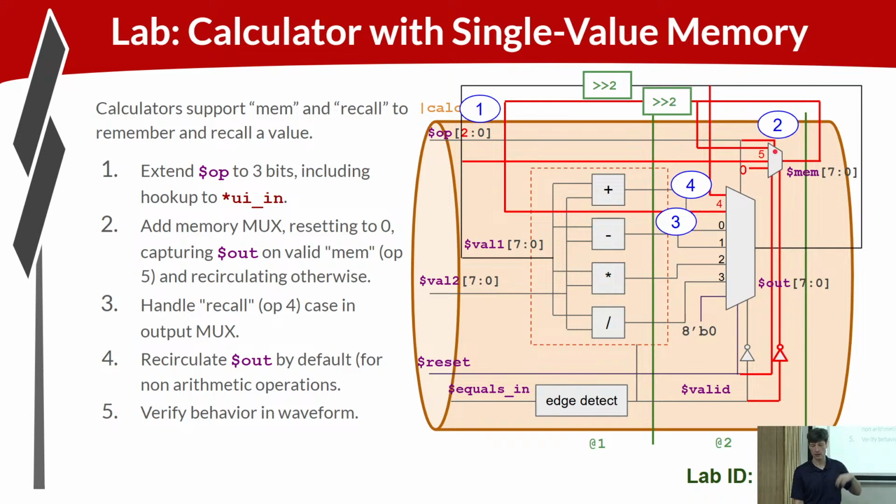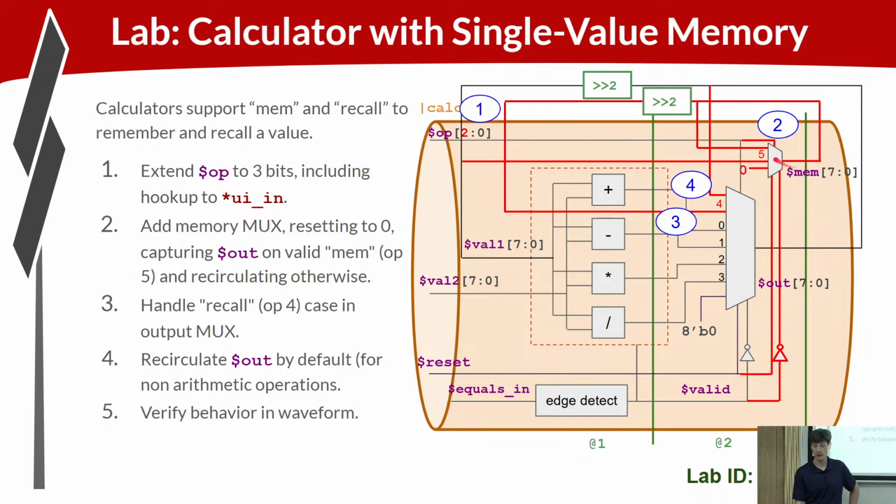And then the recall operation is the opposite direction, right? If we have a recall operation, that's the 4 case here. We need to pull the value from the memory from 2 stages ahead, right? So this path coming out of the memory and looping back around to feed into the output.